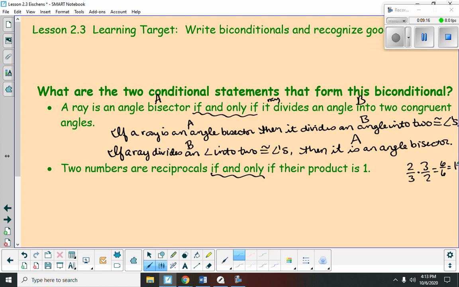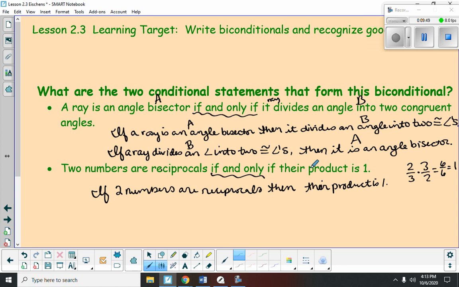To write this as two conditional statements, we say if two numbers are reciprocals, then their product is 1. That's the A part, that's the B part.